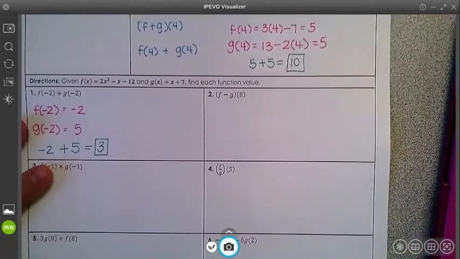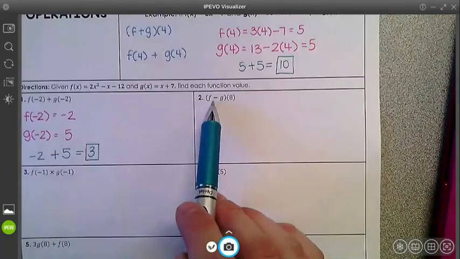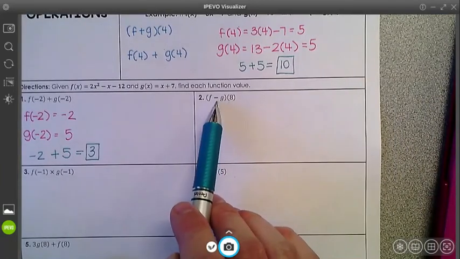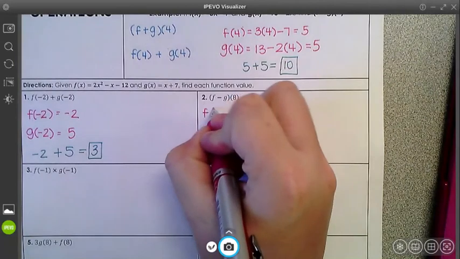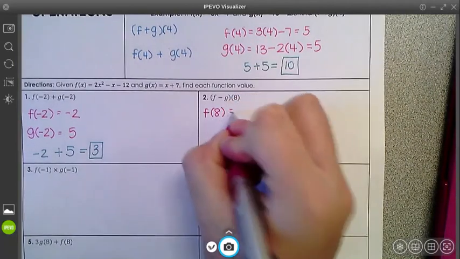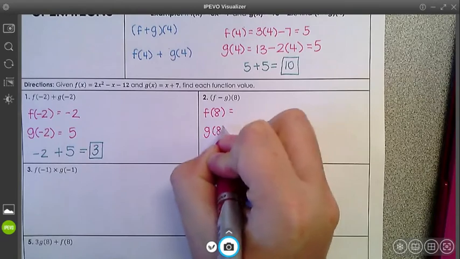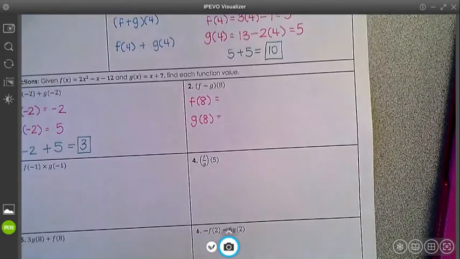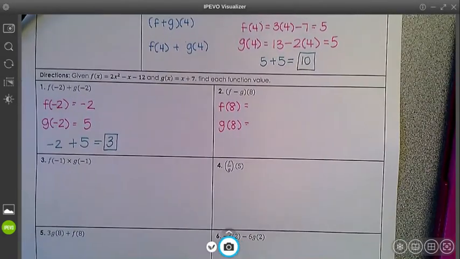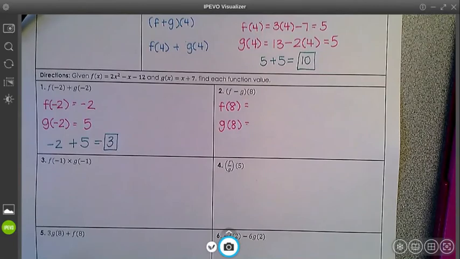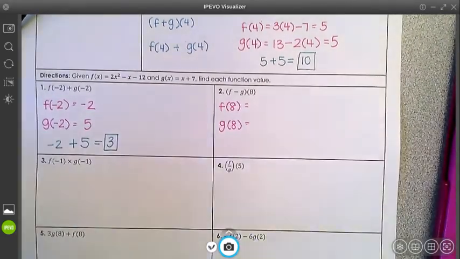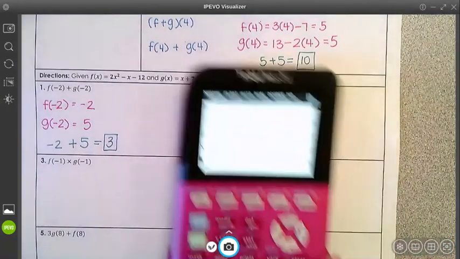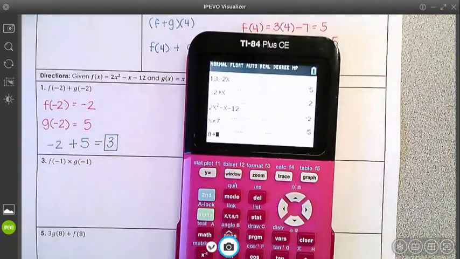Number 2, I'm basically doing f of 8 minus g of 8. So I'm going to find f of 8 and g of 8, and I'm going to subtract my two answers. So 8, I'm going to store that as x.